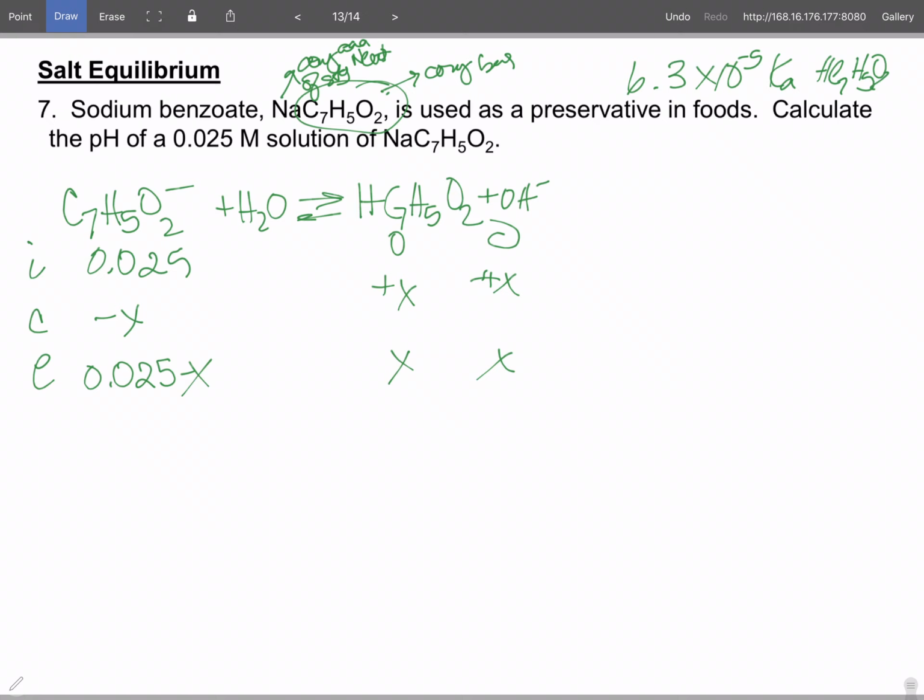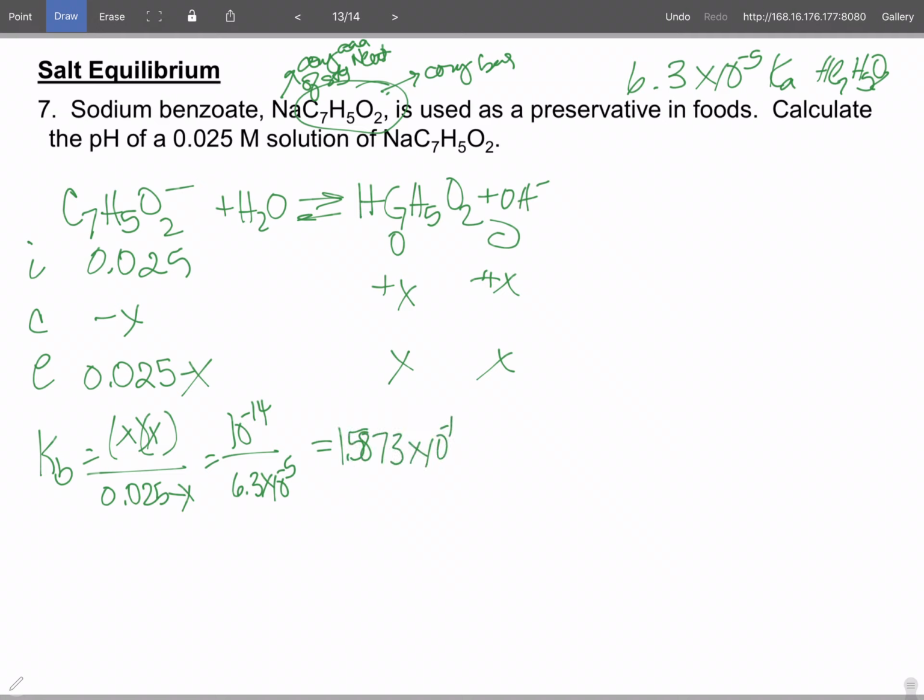Alright, so this is a Kb, which means it's going to be X times X divided by 0.025 minus X. And the Kb is going to be 10 to the minus 14th divided by 6.3 times 10 to the minus 5th, which is equal to 1.5873 times 10 to the minus 10th.